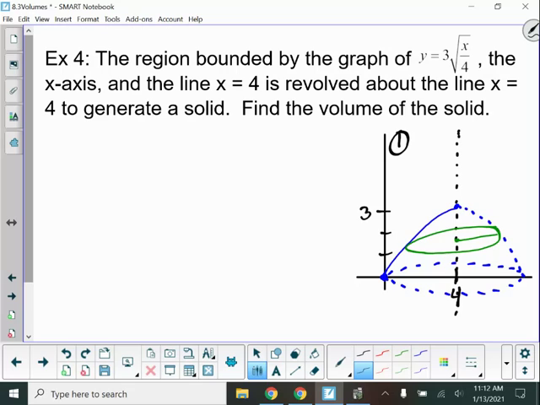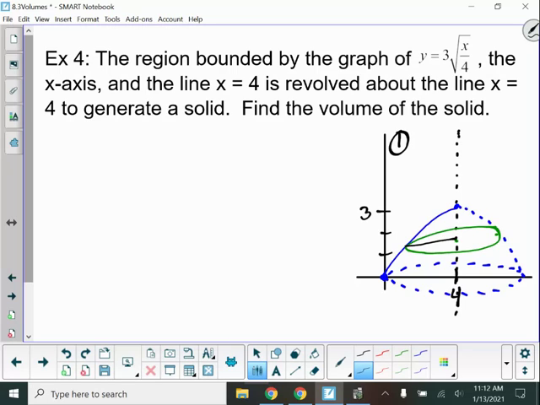So this is 4, and I'm actually going to go the opposite way with this one. Rather than going this way, I'm going to go this way, because that actually goes to my curve. So we need to be kind of careful here, because I do have 4 as my middle value here.